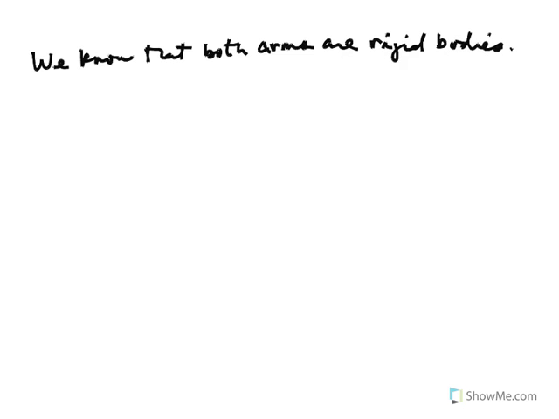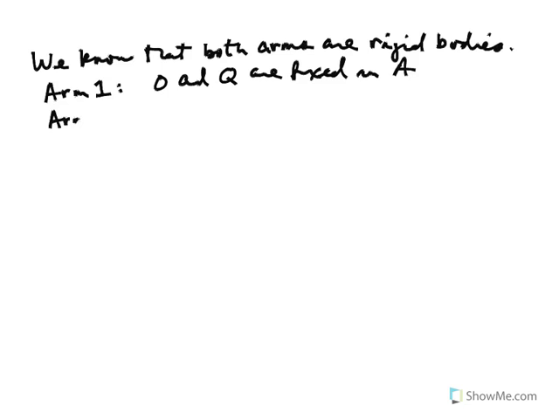So as a result, we know that for arm 1, O and Q are fixed in A, right? And then for arm 2, we know that Q and P are fixed in B, because A is arm 1 and B is arm 2.